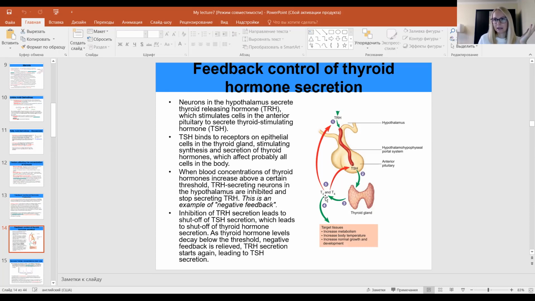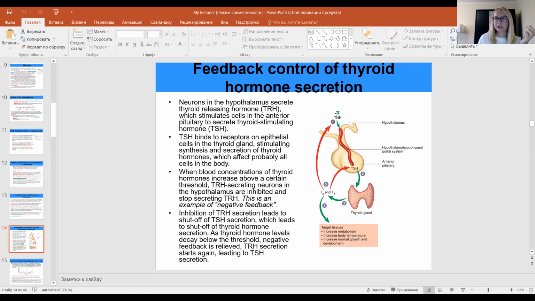The result is bringing the thyroid hormone level back to normal. So once again, in simple words, decreasing of one hormone leads to increasing of the second one, the releasing hormone.